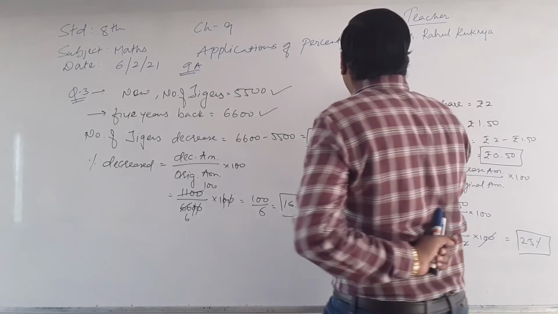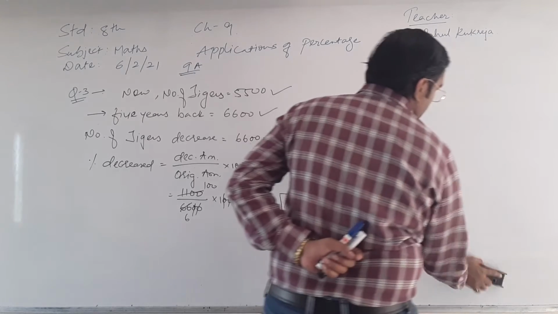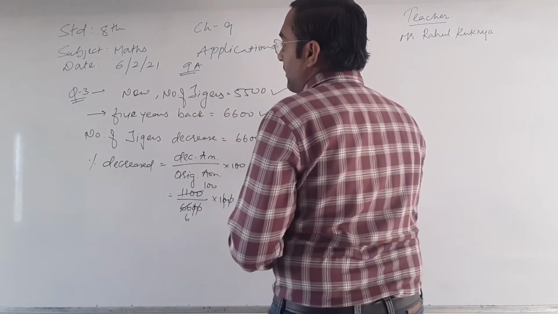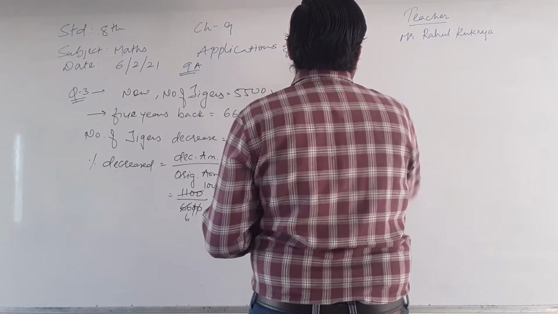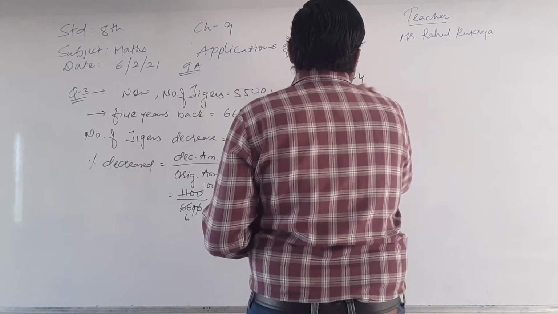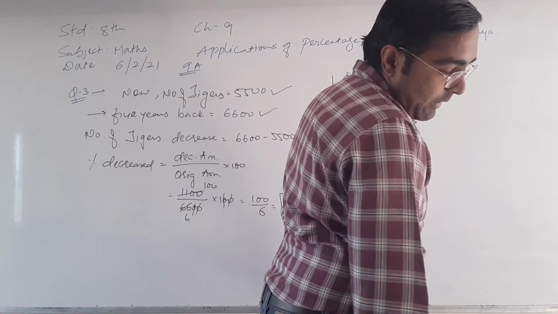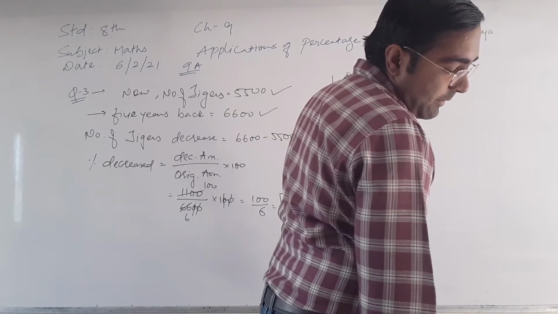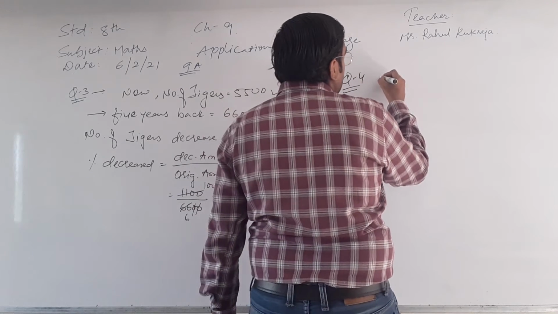Question number 4. So in the question number 4, first of all, 1 liter milk declared rupees 23. It was rupees 20 earlier.